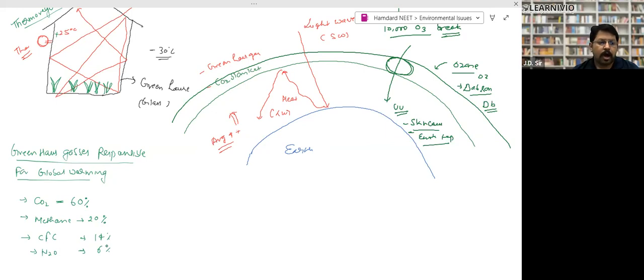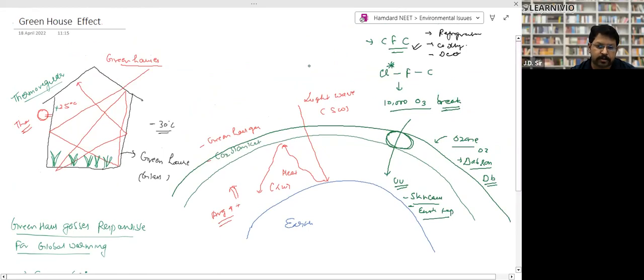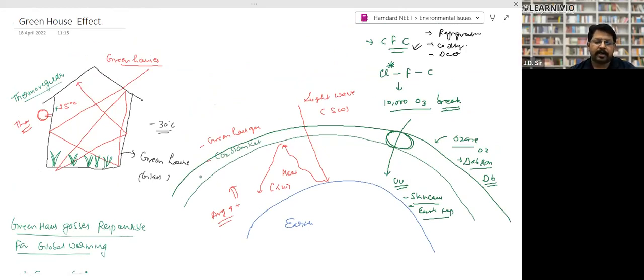So how are these greenhouse gases responsible for global warming, or increasing the temperature of the Earth, right? How do they increase it, how do they work, and why do we call them greenhouse gases? Look, carbon dioxide is very important. Carbon dioxide works like a greenhouse gas, right?